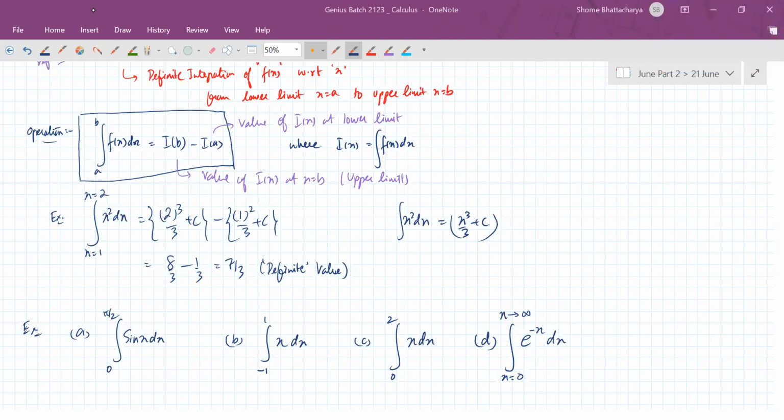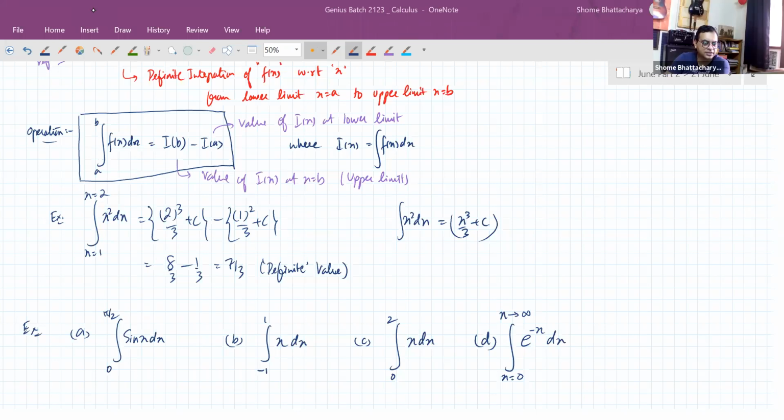Yes. First and third are correct. Okay. So the last one is definite or indefinite? The interesting thing is it is definite, because the function is e raised power minus x.